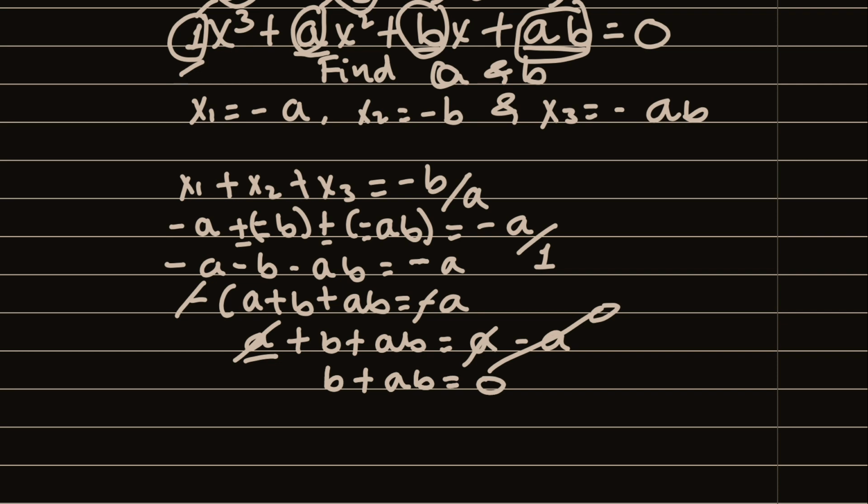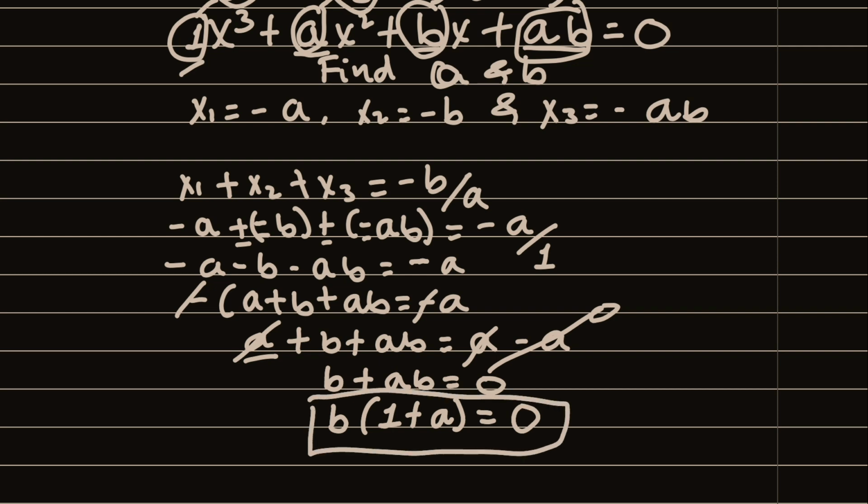Now we can take a common b. Then it will be b times 1 plus a equals 0. This is our simplified form of the first Vieta's formula in our cubic equation.